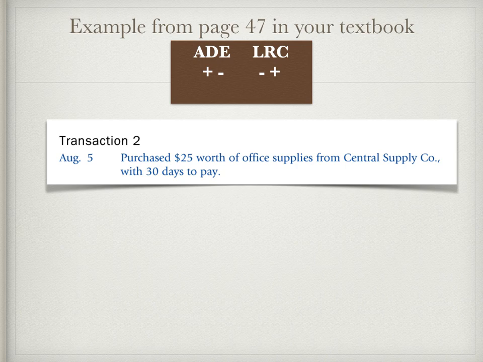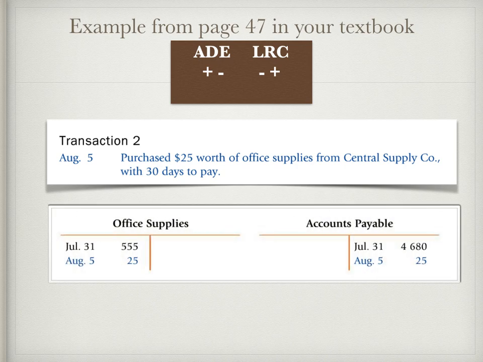So what are the accounts involved here? What is happening in this exchange? We're gaining office supplies, but we haven't paid cash. They told us we have 30 days to pay. So the other part of the transaction is accounts payable because we owe somebody money. So those are the two T accounts that we need to record this transaction in.